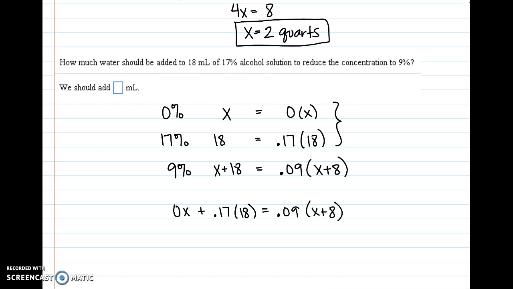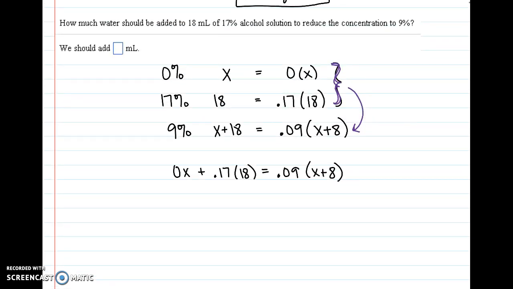Because remember, we want what we have mixed together to give us the desired 9% solution that we want. Okay? So 0x is 0, 0.17 times 18 equals 0.09 times X plus 18.